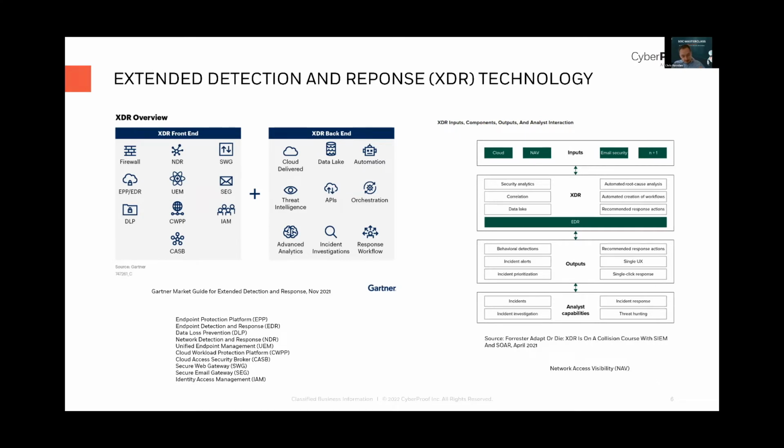So it's kind of two elements for XDR. It's the front end pieces, the things that people actually see and touch and feel, and then it's also the elements that sit under that stack. So cloud native, cloud delivered, a much larger data set.